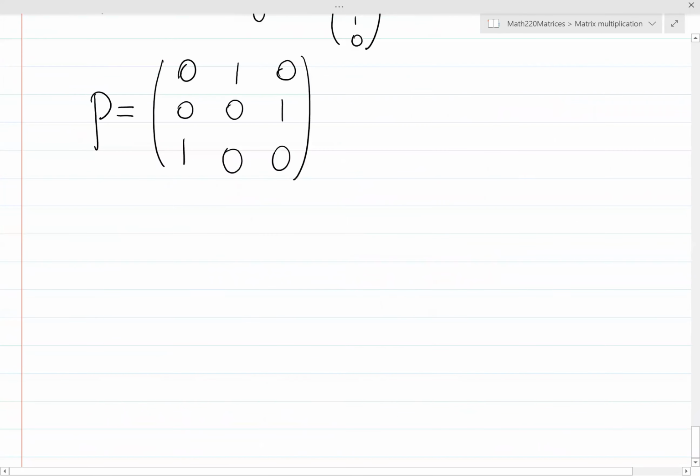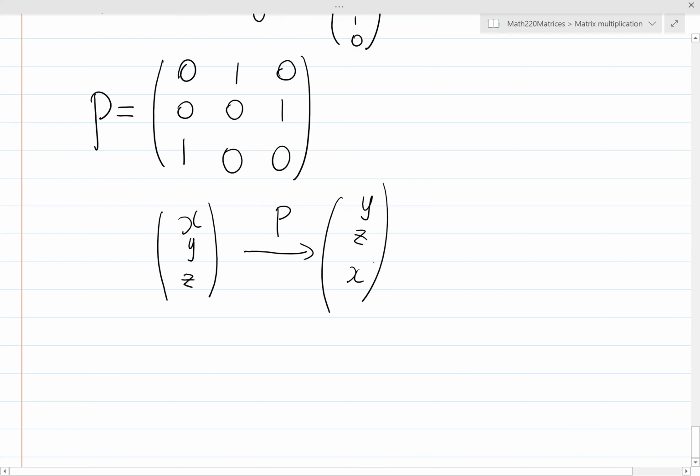What P does is XYZ under P goes to YZX. Essentially X from the first place goes to the third place: X from the top becomes the bottom, and then we lift Y and Z by one unit.